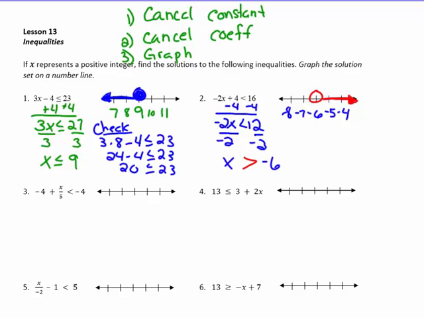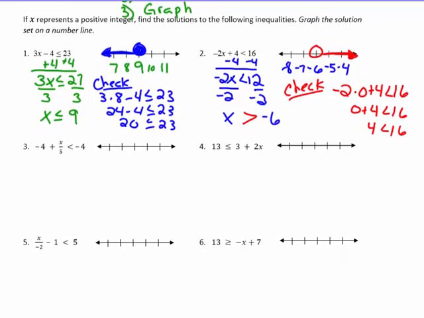So this time, if I do my check, I'm going to pick 0 because eventually it would get to 0. So -2 times 0 plus 4 is less than 16. So -2 times 0 is 0. 0 plus 4 is 4, which is definitely less than 16. So that's, again, another way that I can do a check to make sure that I went the correct way.